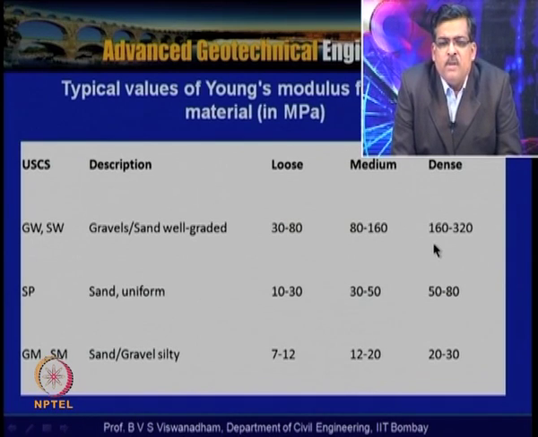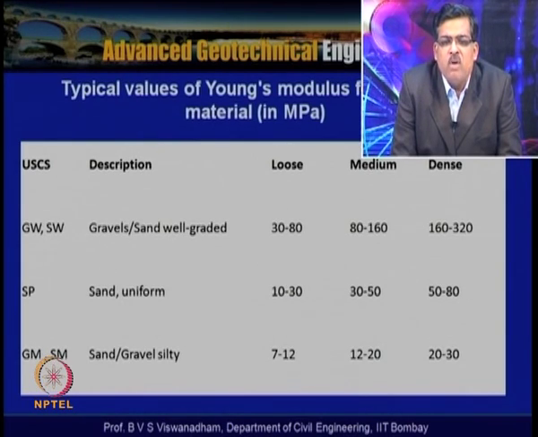When you have sand which is uniform, that is poorly graded sand, where you have all uniform size particles, then in the loose state we have only 10 to 30 megapascals, and in the dense state 50 to 80 megapascals. Similarly, we have silty soils, gravel and silty gravel.